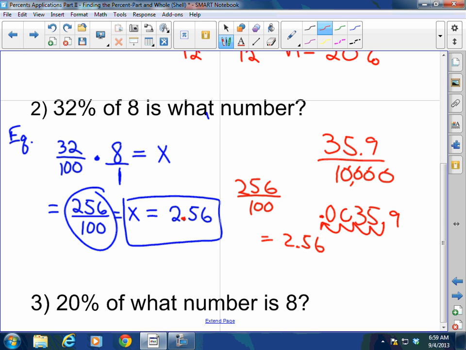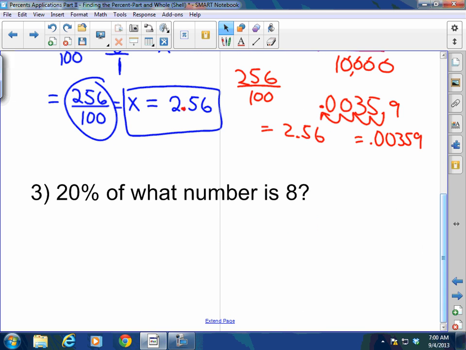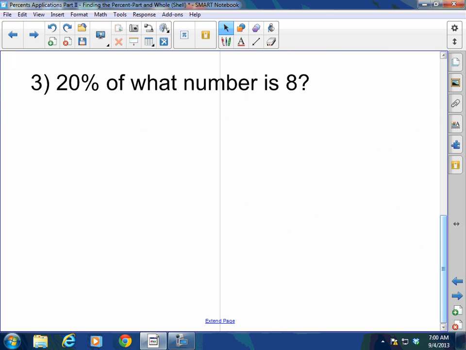Boom. Fill in the blanks with zeros. That will equal 359 tenths, hundreds, thousands, 10,000s, 100,000s. 359 100,000s. So when you multiply by powers of 10, you move the decimal to the right for as many places as there are zeros. When you divide by powers of 10, you move the decimal to the left for as many places as there are zeros. All right, last one.